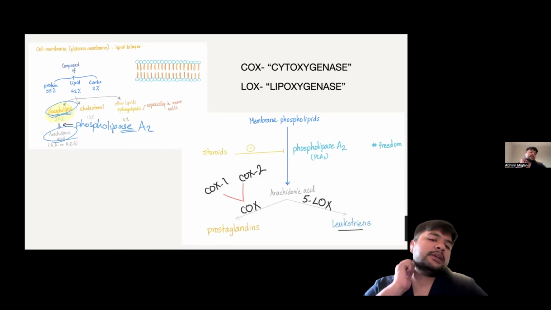The COX enzyme is also of two types, COX-1 and COX-2. The formation of arachidonic acid from the membrane phospholipids after a tissue injury can be minimized on application of steroids, because steroids are anti-inflammatory in nature.